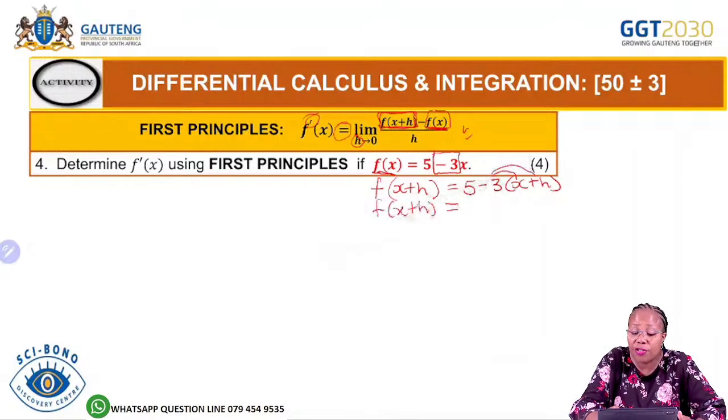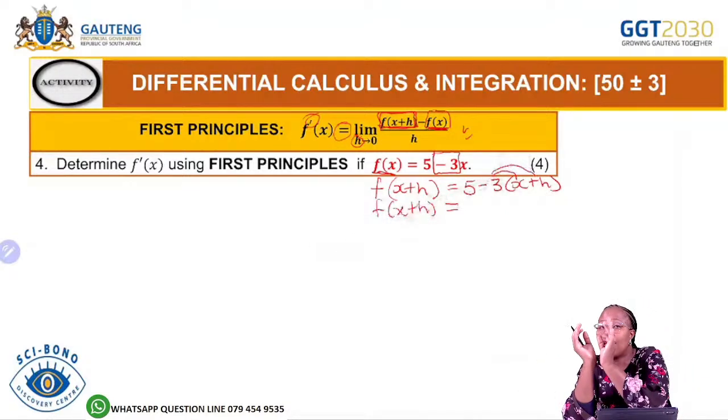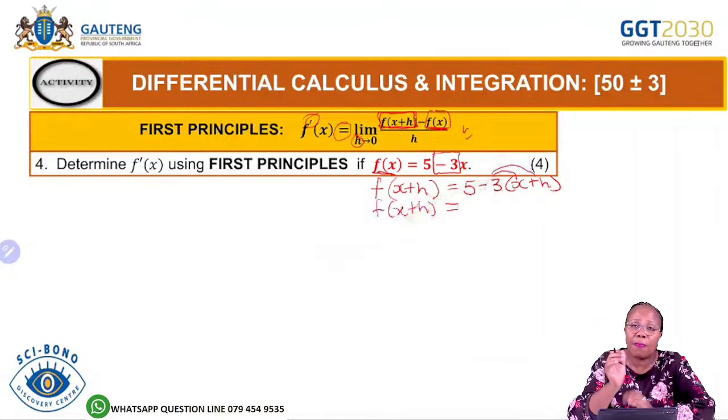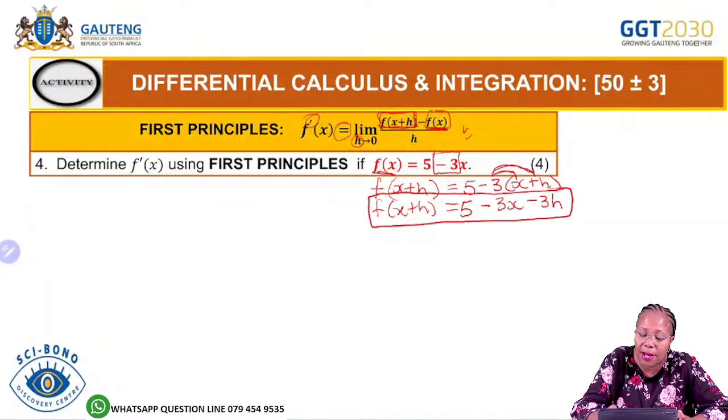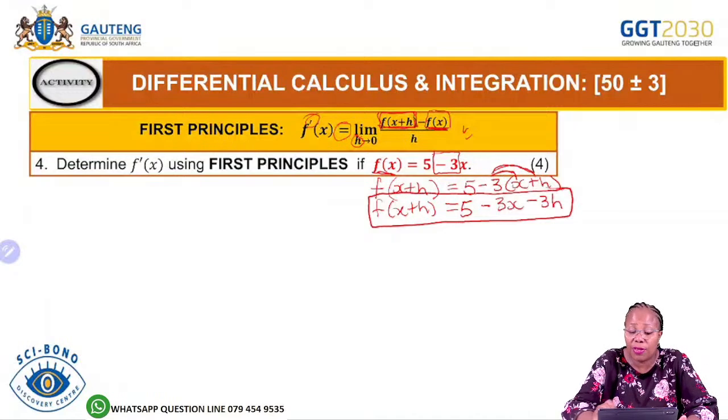Then this 5 is not part of the bracket. It's only minus 3 that is multiplying into the bracket, not the 5. And then the 5 will remain 5 there. And then minus 3 times x will be minus 3x. The minus 3 times h will be minus 3h. Therefore, this is your f at x plus h. That is your starting point. Then you will have your first mark at that particular point out of 4.